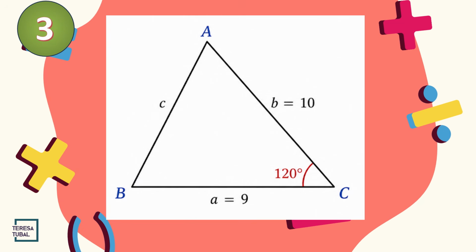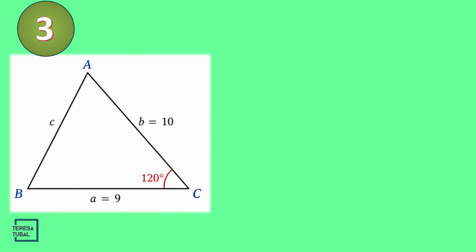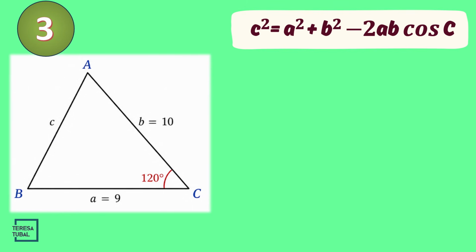Number 3, side b is equal to 10, side a is 9, side c is unknown, and the angle C is equal to 120 degrees. So c is unknown. So the formula, c squared is equal to a squared plus b squared minus 2ab cosine C. Let us replace a by 9, b by 10, and the angle is 120 degrees.